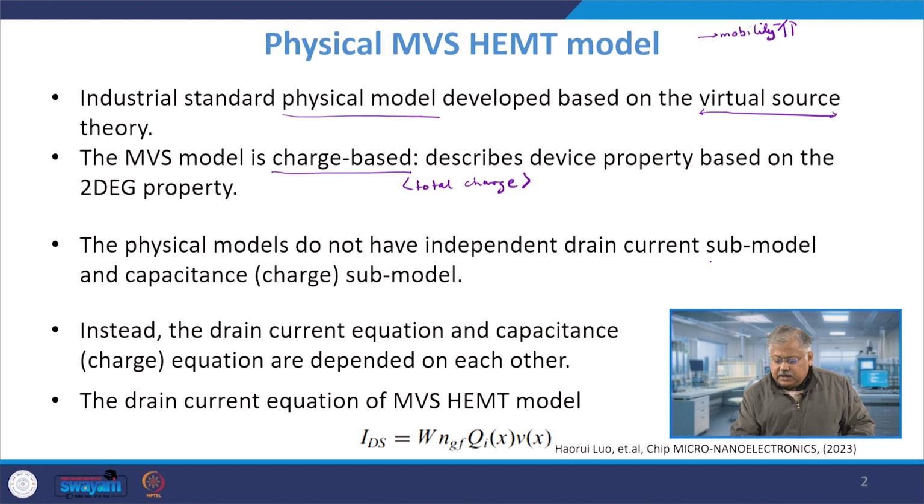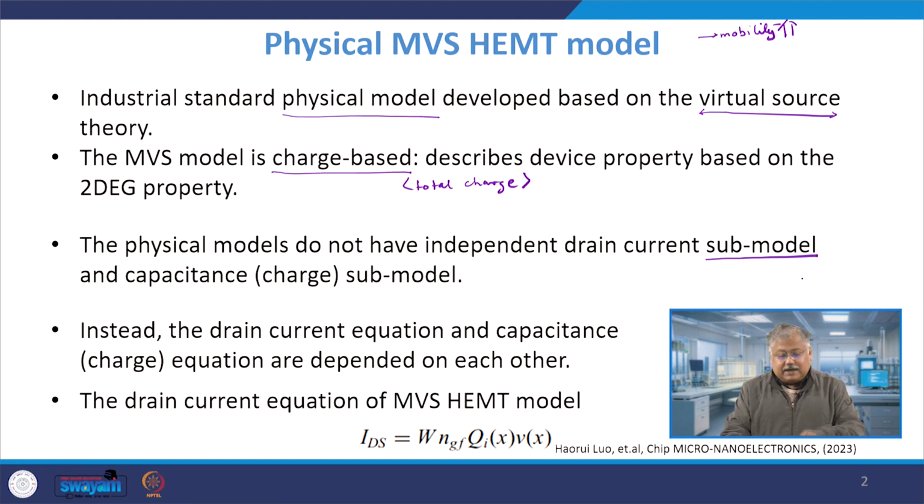Submodels are basically parts of the model such that you can run them in a loop. The charge can be fed into the drain current equation, which by itself can generate the amount of current flowing for a given electrical bias, and so on and so forth.